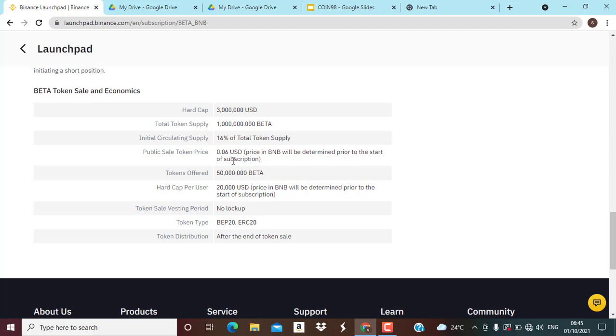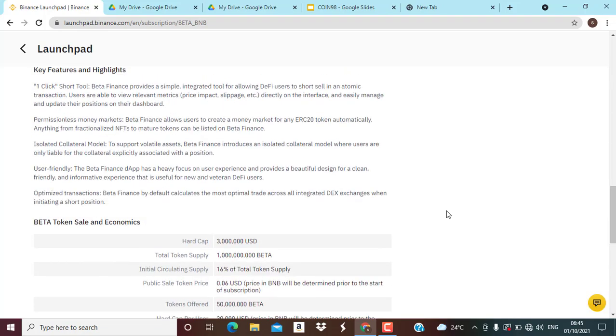This means that this particular token, Beta Finance, is built on the Binance Smart Chain, which is the BEP20 protocol, and also the Ethereum chain, which is the ERC20 protocol. Now, at the end of the token sale, all tokens will be distributed. That's token distribution after the end of token sales.